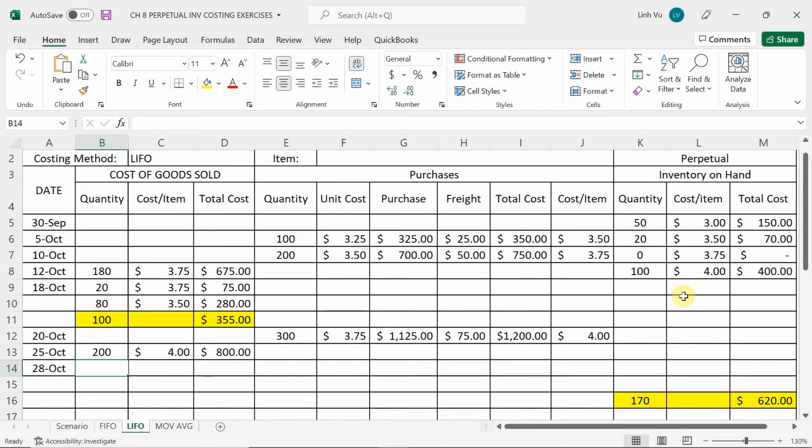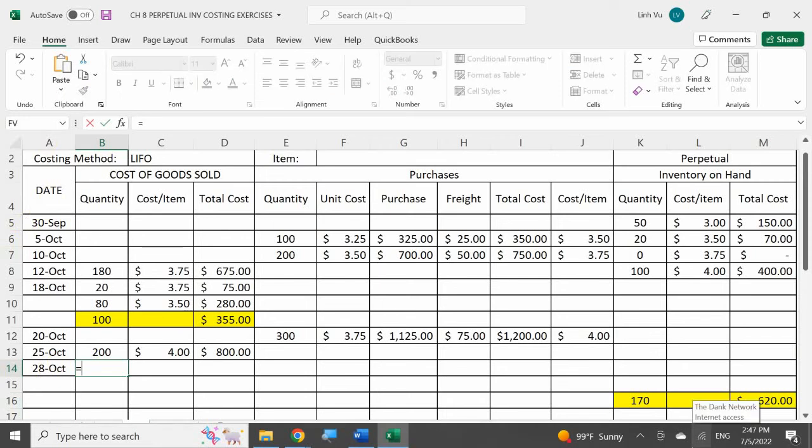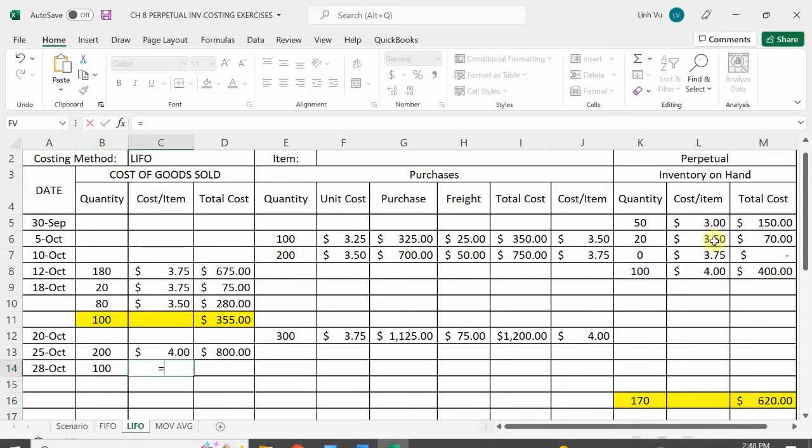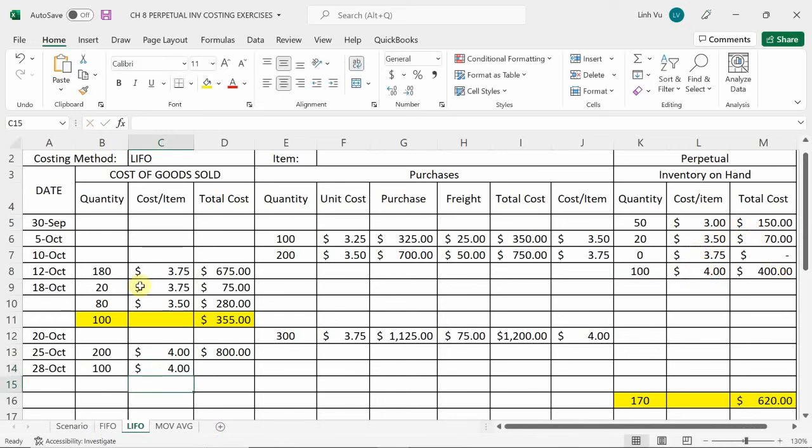The 100 you have left at $4 a unit. Good. So 100 at $4 gives you a grand total of $400. That is the first I'm going to eliminate.